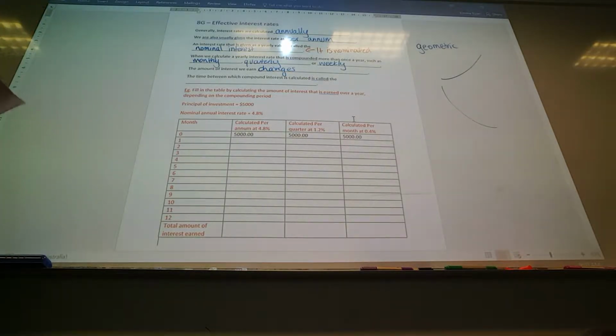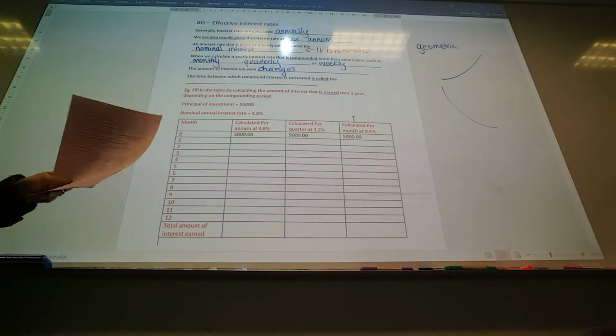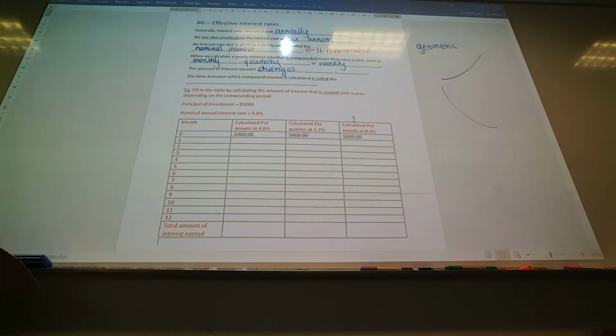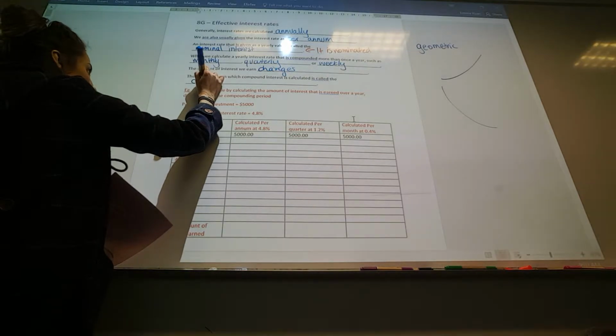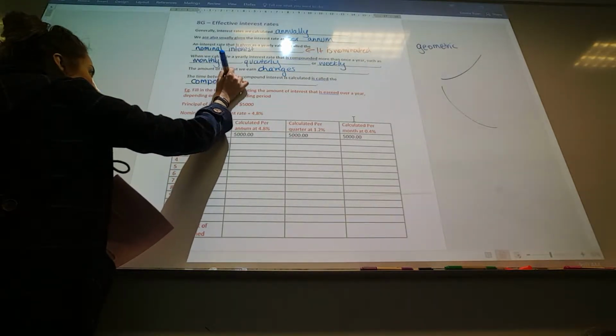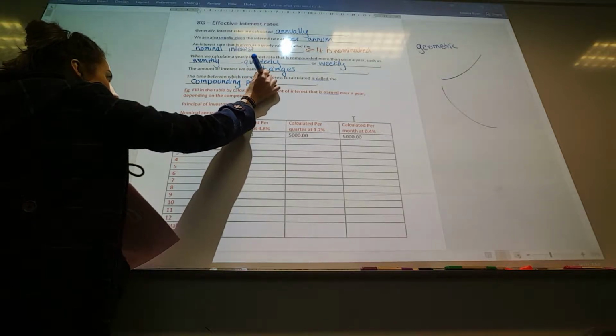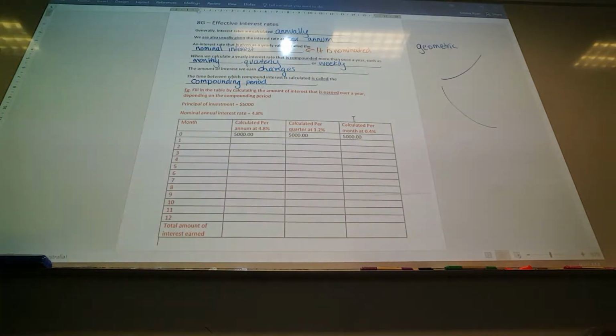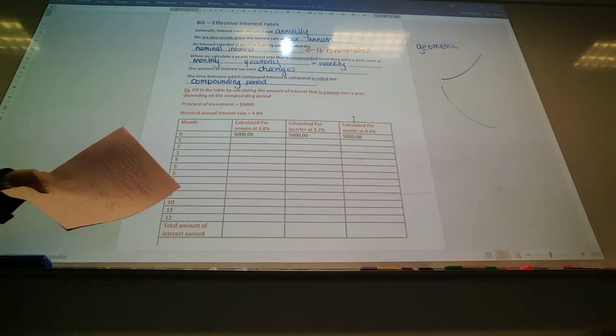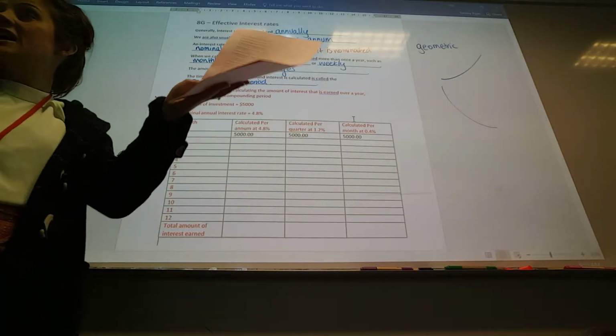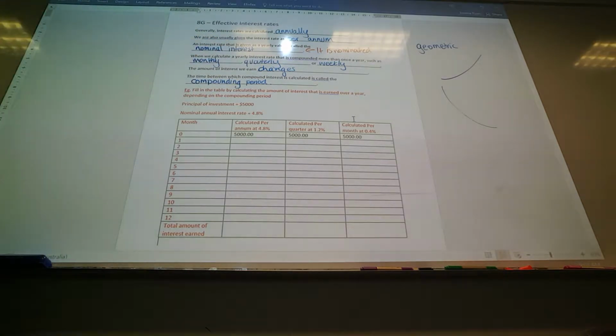The time between which compound interest is calculated is called the compounding period. So if we're talking about monthly, between when it was calculated last and when it's calculated next, that period is the compounding period. Any questions?